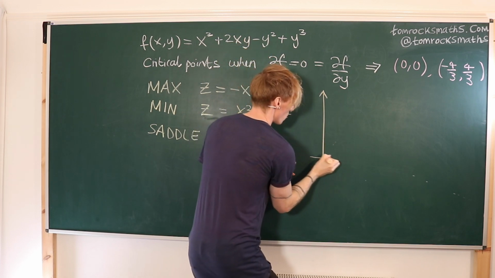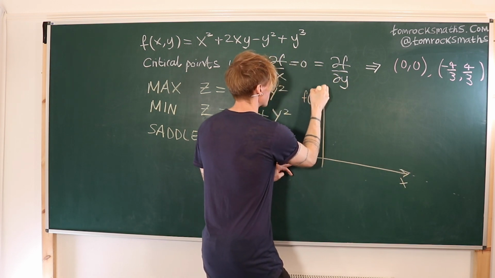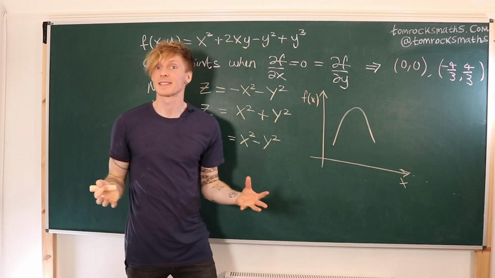For a function of one variable, with axes x and f of x, a local maximum looks something like this.